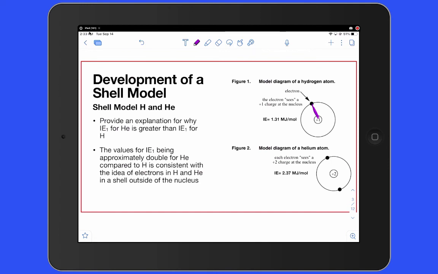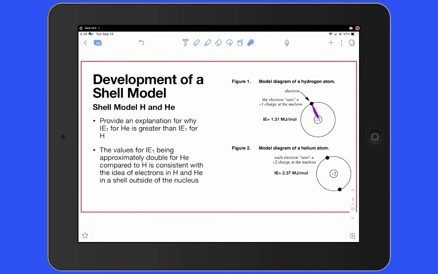For the helium, same basic idea. So this electron right here is attracted to the nucleus, and it would require 2.37. But the very same value, this electron right here, is attracted to the nucleus and would require 2.37.